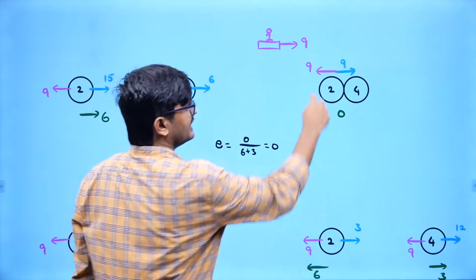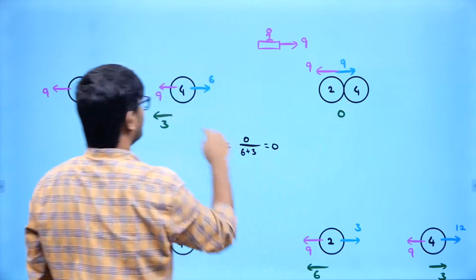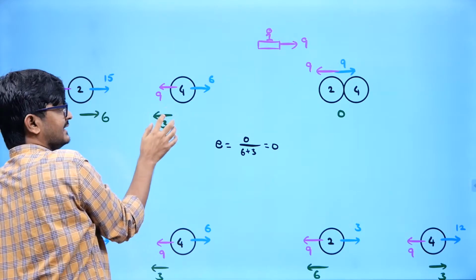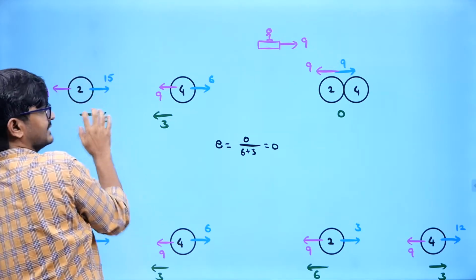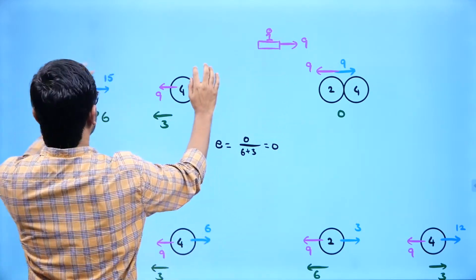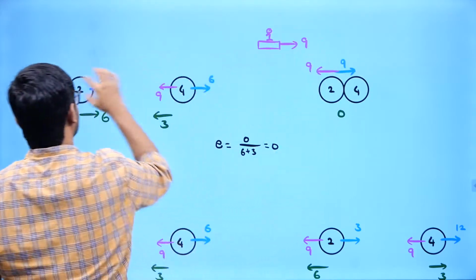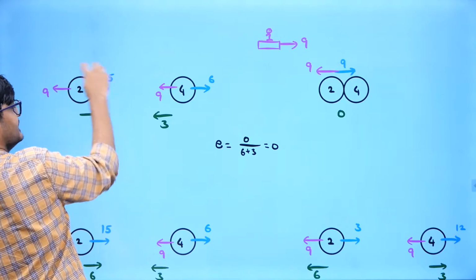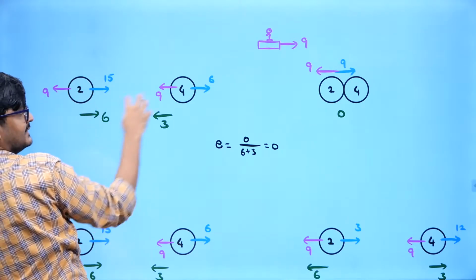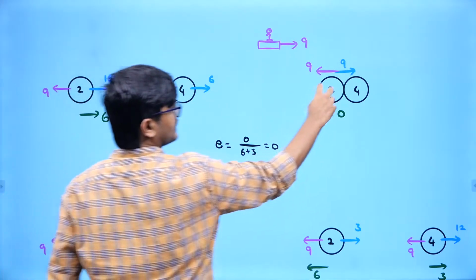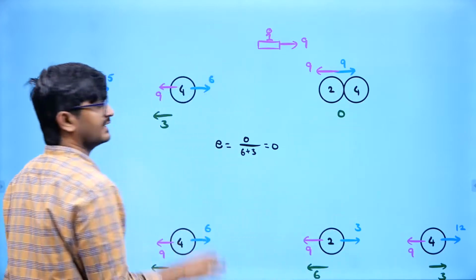I will feel this is at rest and I will feel the net velocity of this body is 3, the net velocity of this body is 6. So these blue color things are in ground frame. Now when I observe from this frame, I will be getting extra velocity 9. So finally I will be feeling this thing is moving with speed 6, this thing is moving with speed 3, this total is at rest.